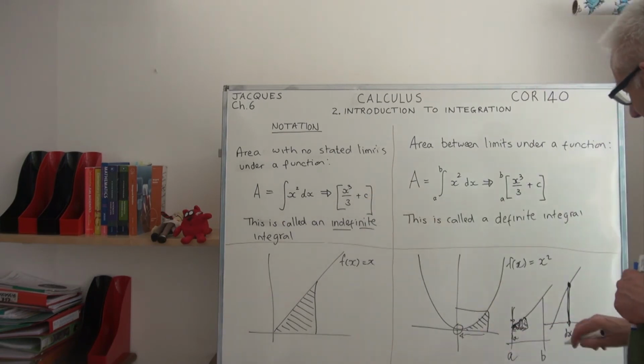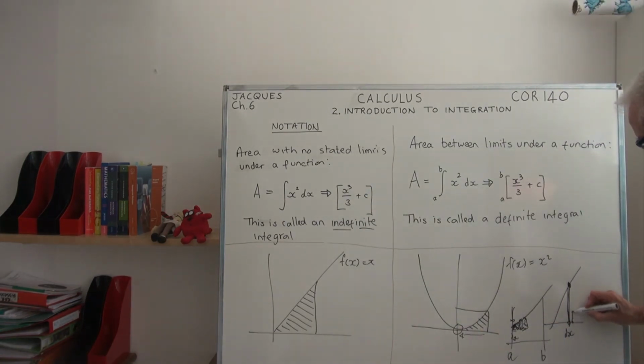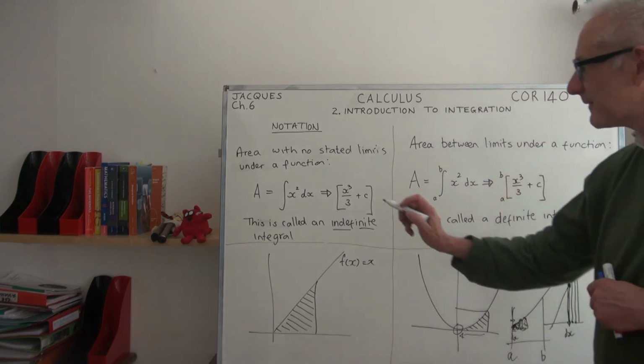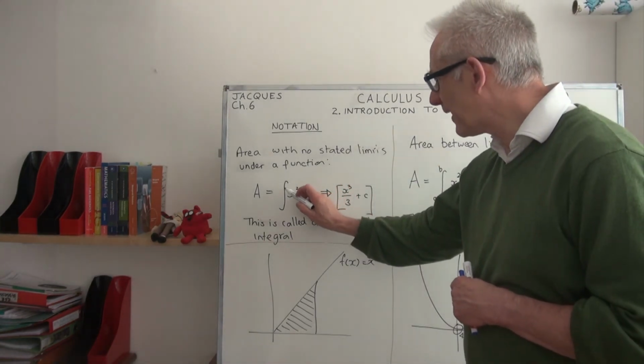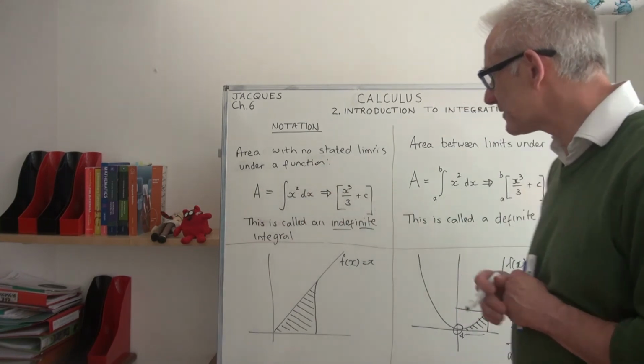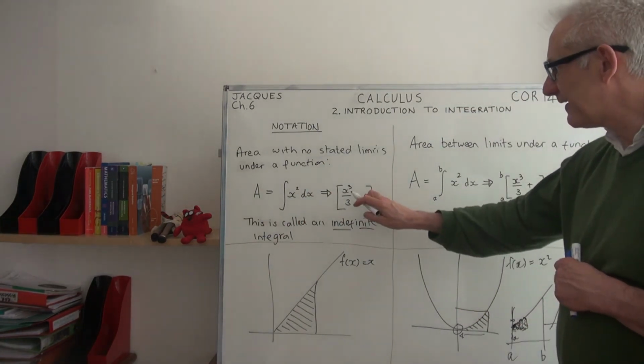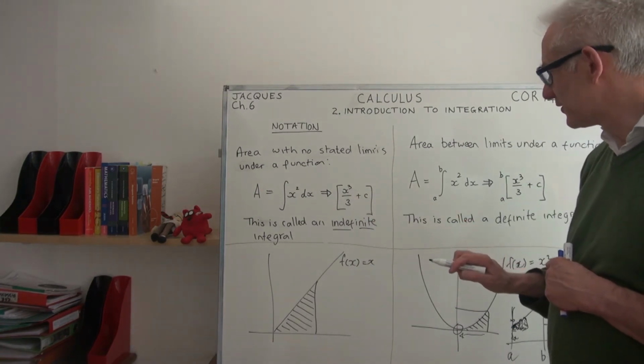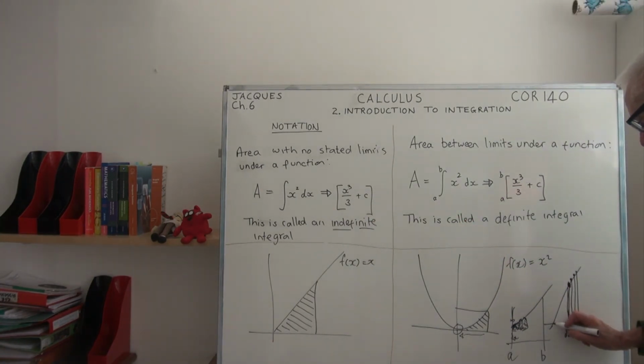Okay? And then for each and every point, as closely packed as we can possibly get them along this line, if we add up all of those individual areas, and this is represented by this sum symbol here, the stretched s, okay, then this particular function can give us an answer.